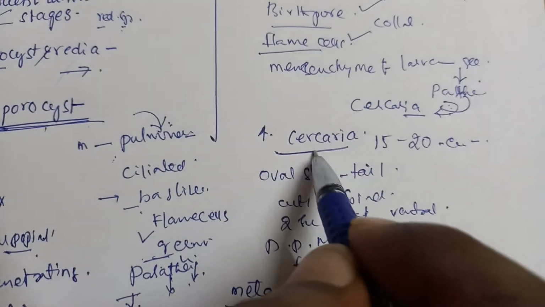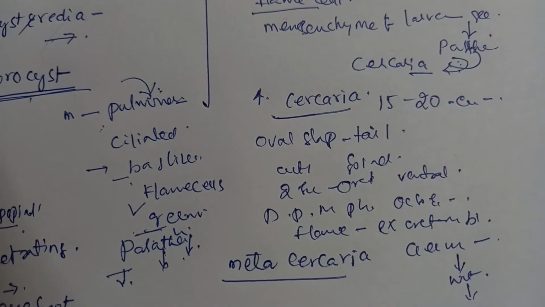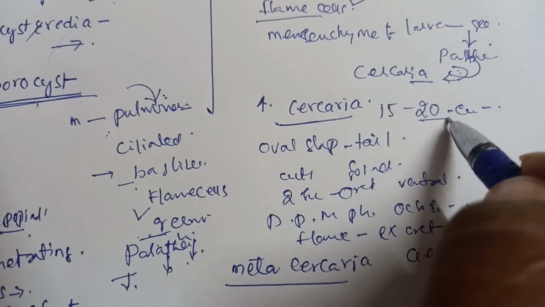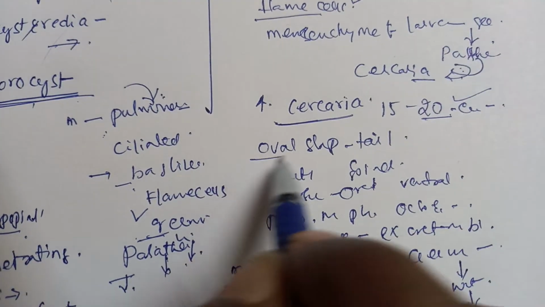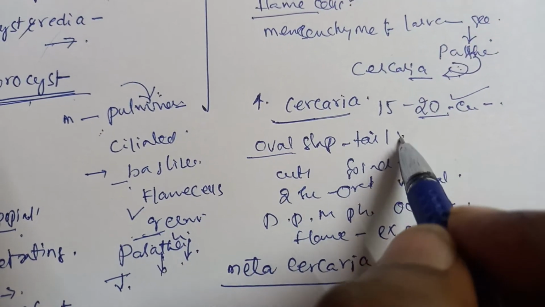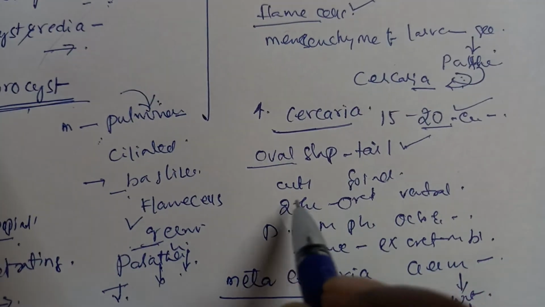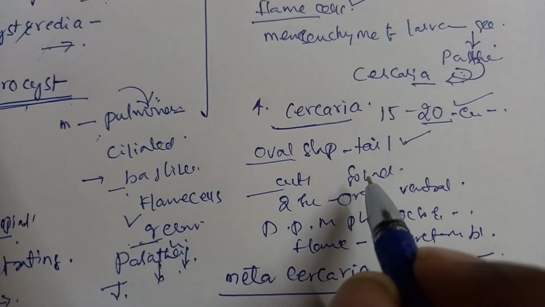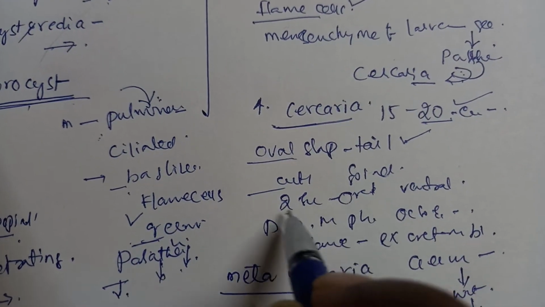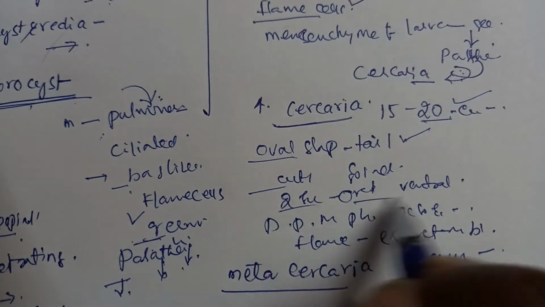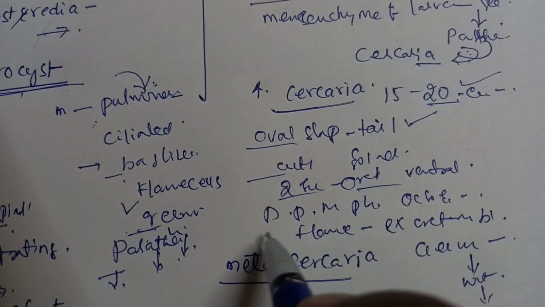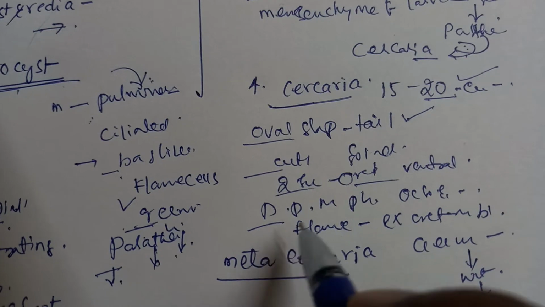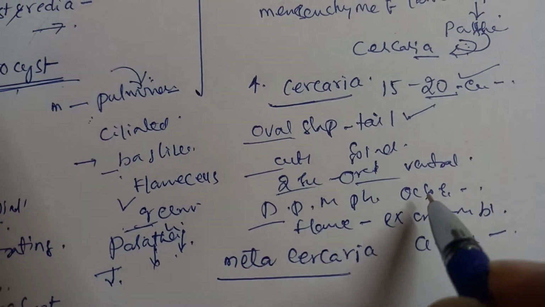So Cercaria larva. These Radia larvae will give rise to 15 to 20 Cercaria larvae, and these are all oval in shape with a tail, and the cuticle shows backwardly directed spines, and two suckers are present. One is the ventral sucker, another one is the oral sucker, and the digestive system is present with the mouth, pharynx, esophagus and intestine.